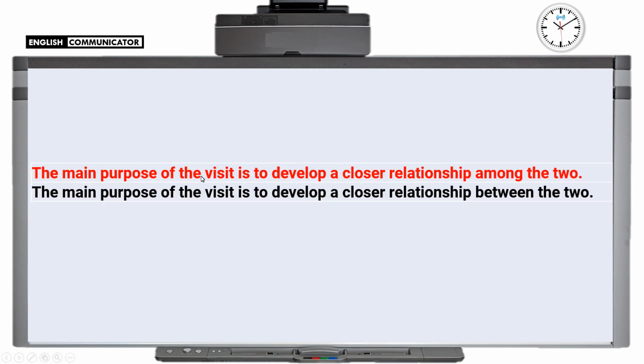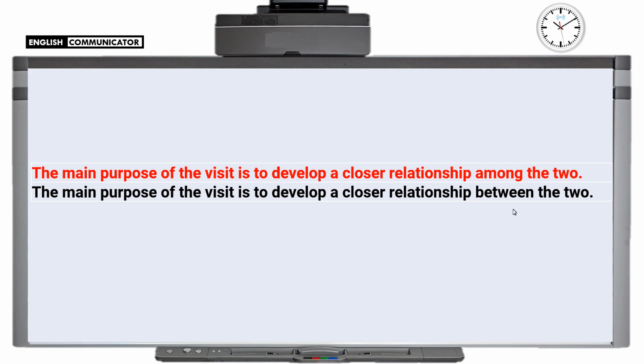The main purpose of the visit is to develop a closer relationship among the two. The main purpose of the visit is to develop a closer relationship between the two. Yes, you understand what I mean to say. Among is not for one or two, otherwise it is always for more than 3, 4, 5, 6 people, but between we use only for 2 people.